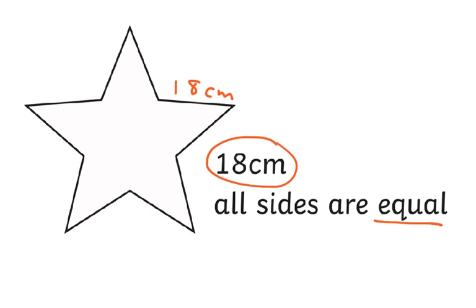All right, so if you know that they're all equal, then it's quite easy for you to see how long they are, and then it's just a question of you finding the perimeter, remember, which is the total distance around the outside of the shape. Now, what I want you to think about here is how many sides does this shape actually have.